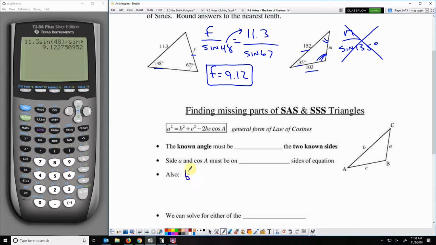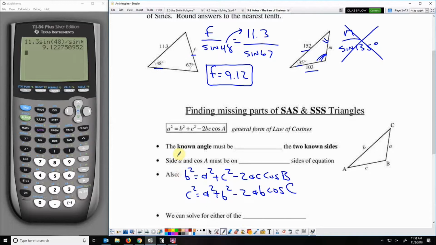So it could be b squared equals a squared plus c squared minus 2ac cosine of angle B, or c squared equals a squared plus b squared minus 2ab cosine C.